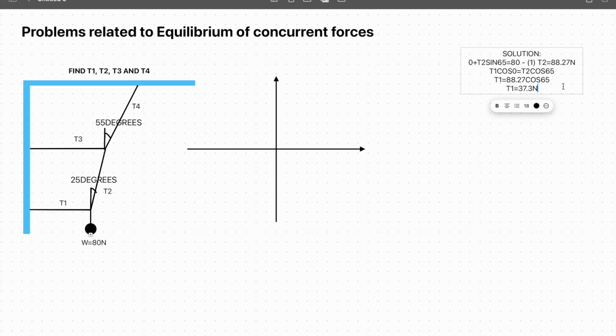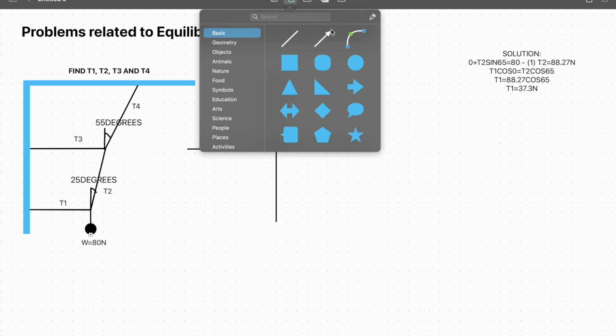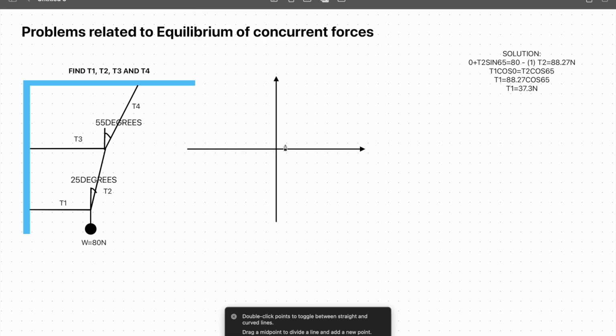Now we have to figure out T3 and T4. It's easy. For T3 and T4, you can just draw a free body diagram.